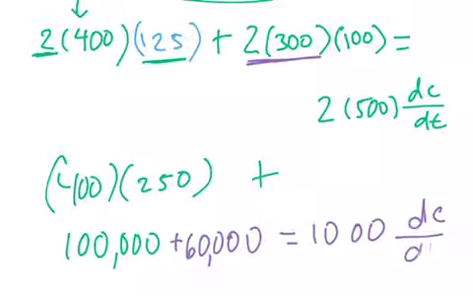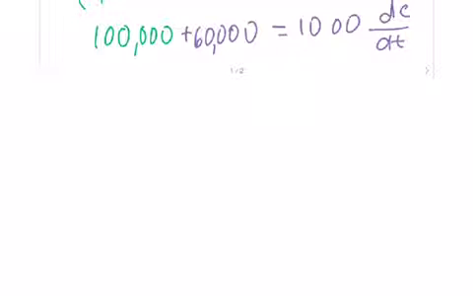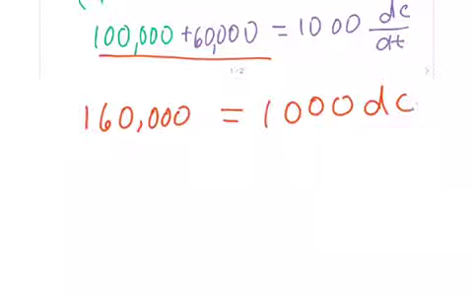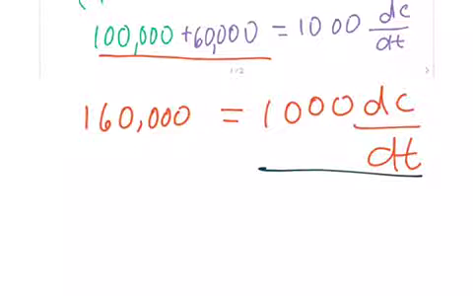Okay, so we got that, and now all I got to do is clean this up, and we are good to go. So let's clean it up. So all of that becomes 160,000 equals 1000 dC/dt, and then I can just divide by 1,000.